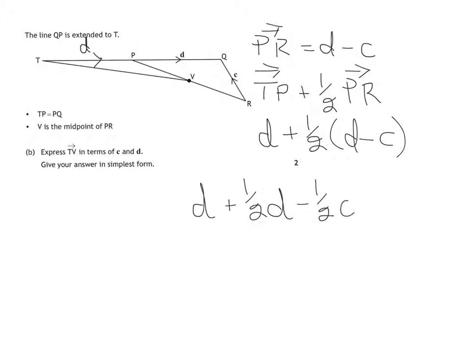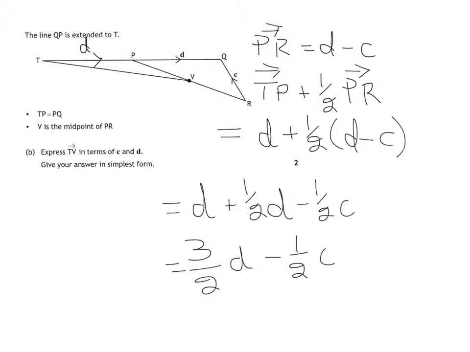So multiplying that out, we've got D plus a half D minus a half C. So we need to take this together, so D plus a half D. A D plus half a D is 1.5 D, or 3 over 2D, and the minus half C just stays the same. That's in its simplest form.